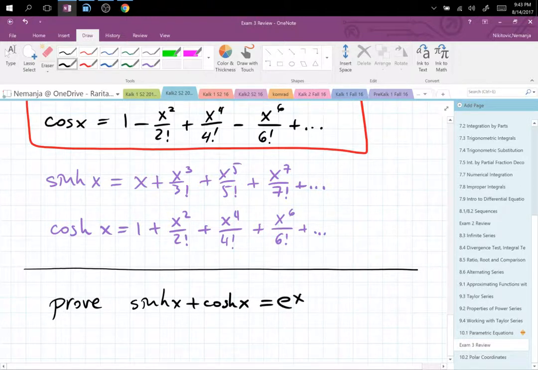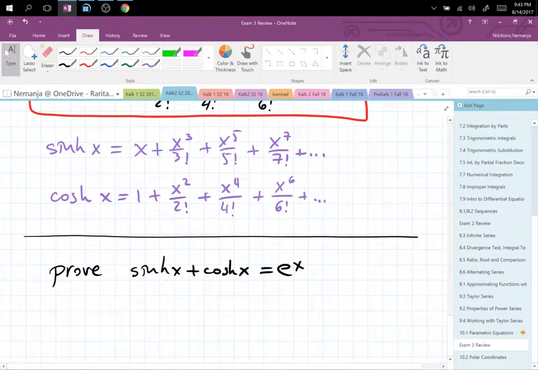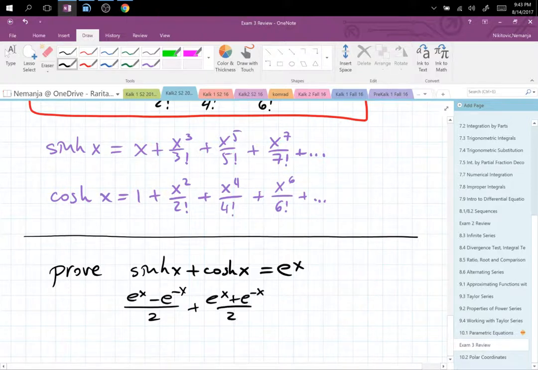So you have 2 ways to do this. One way is to go e to the x minus e to the minus x over 2 plus e to the x plus e to the minus x over 2. And you see that these guys drop. And you have 2e to the x over 2, and that's e to the x.